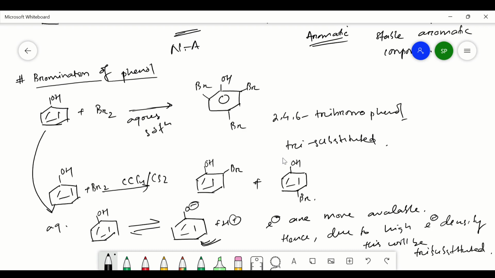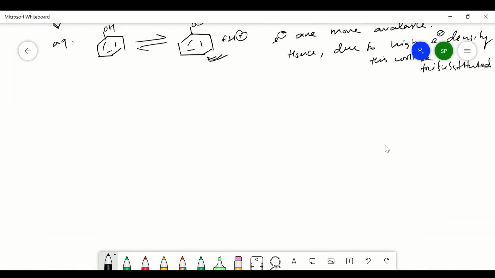But in inert solvents like carbon tetrachloride or CS2, this will not be tri-substituted; this will be monosubstituted at the ortho or para positions. If you consider substitution at the para position, let us consider phenol with Br2 in the presence of CCl4 or CS2. First of all, the electrophile will be Br plus.